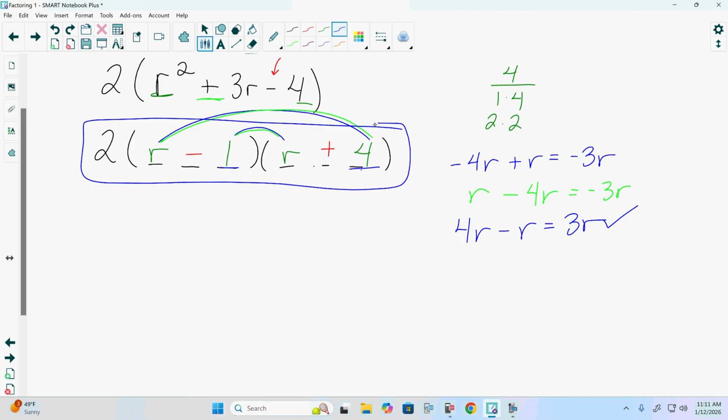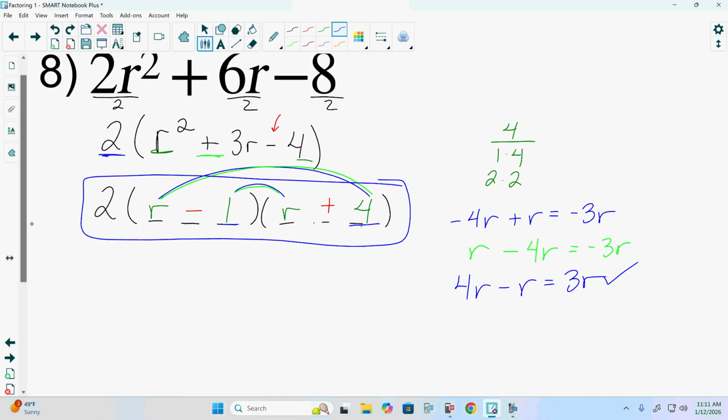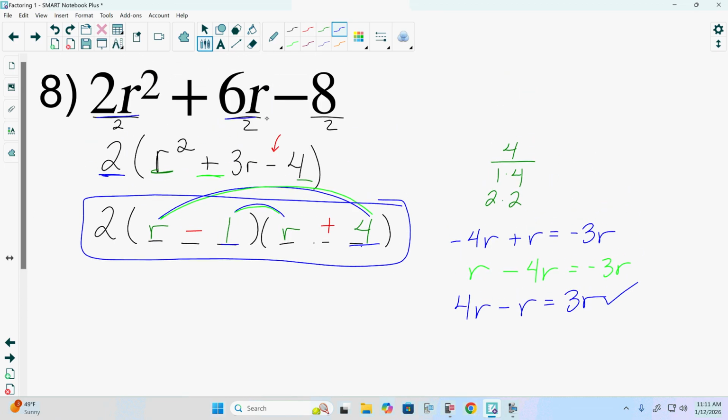Questions on these here? So essentially, when we find the greatest common factor, we're really just dividing it out of all three terms. Because if we multiplied it back through, 2 times r squared would get us back to 2r squared. 2 times 3r would get us 6r. 2 times 4 gives us that 8.